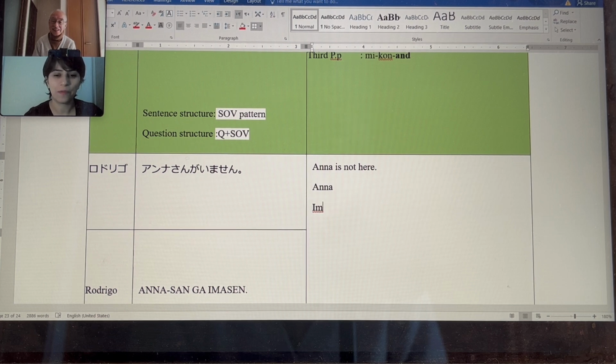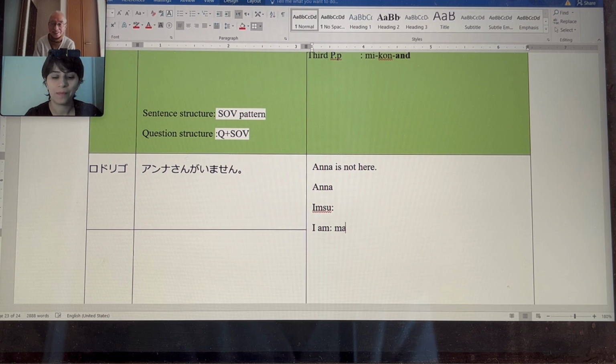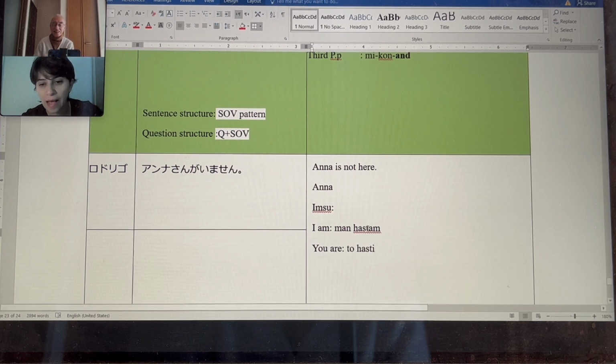Let's look at the to be verb. I am. Man hastam. You are, to hasti. You see? These are personal suffixes for conjugating the verbs, right?